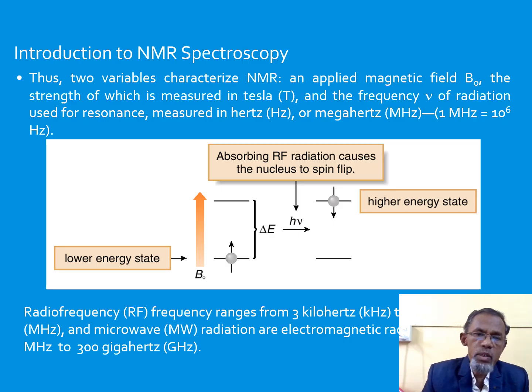In the continuation of the introduction of NMR spectroscopy, two variables characterize the NMR: the applied magnetic field B0, the strength of which is measured in Tesla, and the frequency of the radiation used for resonance, measured in hertz or megahertz. Radio frequency waves range from kilohertz to megahertz and also into the microwaves.